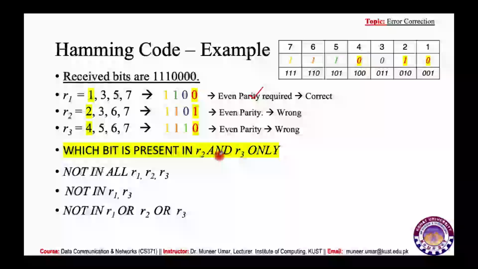So here we can detect this in a very simple way by asking a question: which bit is present in R2 and R3 only? By only we mean that it shouldn't be in R1, it shouldn't be in R1 and R3, or in individual R's.